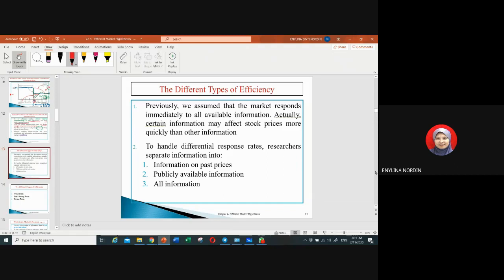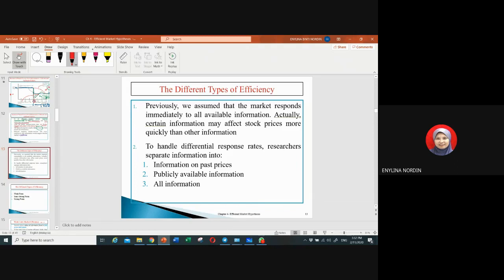Previously, we have assumed that the market responds immediately to all available information. So that is how we define market efficiency. Actually, it stated that certain information may affect stock prices more quickly than other information.